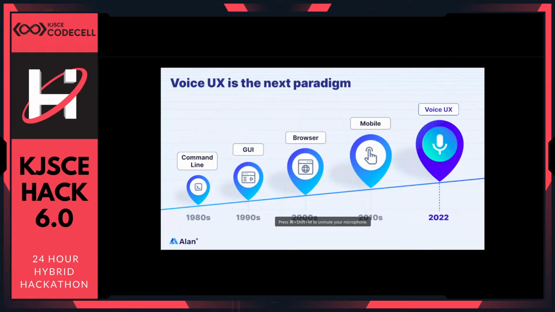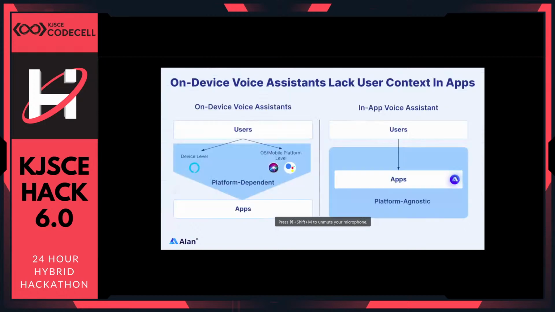Let's talk about on-device voice assistants versus in-app voice assistants. We classified smart assistants into two types: one is on-device and the other is in-app voice assistant. Google Assistant, Amazon Alexa, and Apple Siri fall in the on-device category.